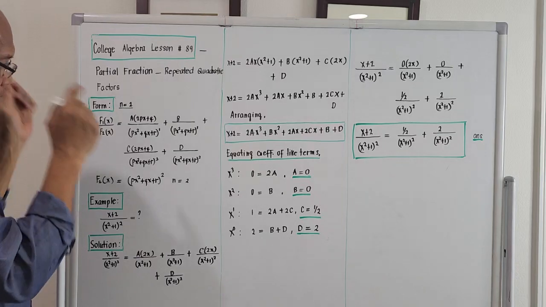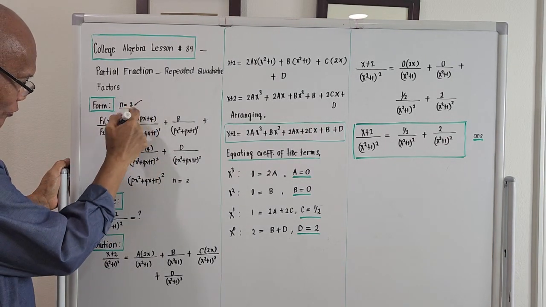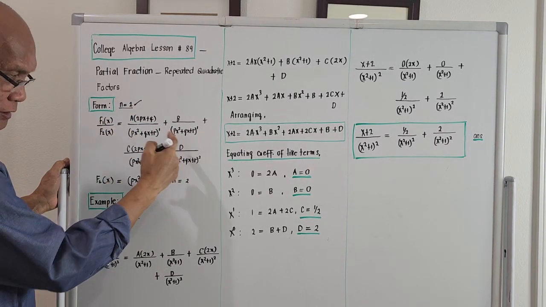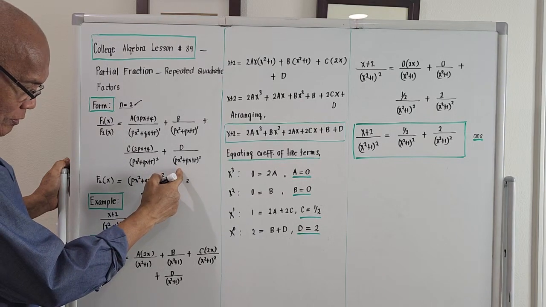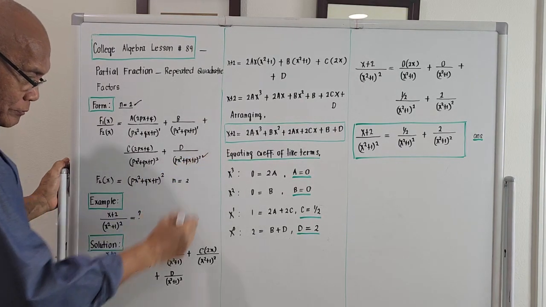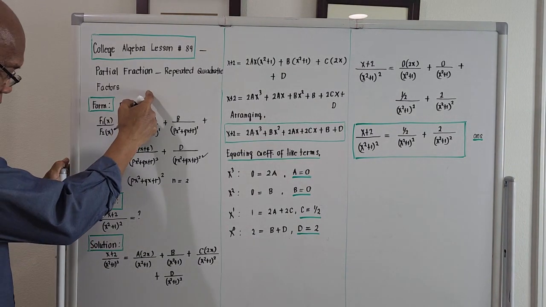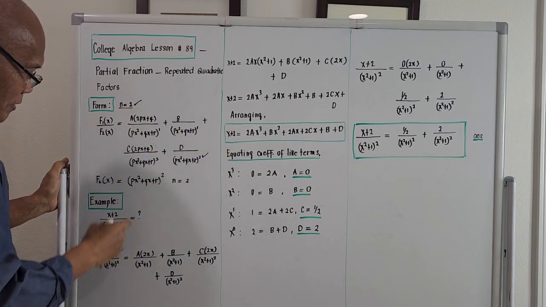But instead of 1, this will now be 2, because the value of n is equal to 2. Plus another constant d, another partial fraction, all over the given quadratic raised to the second power. That is for n is equal to 2, there will be 4 partial fractions on the right.